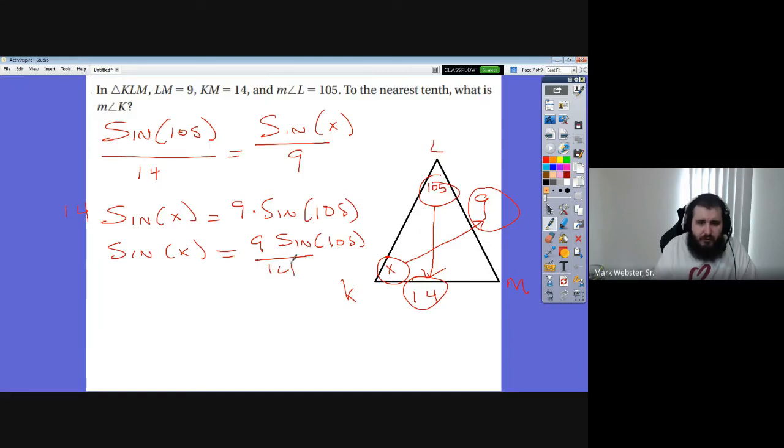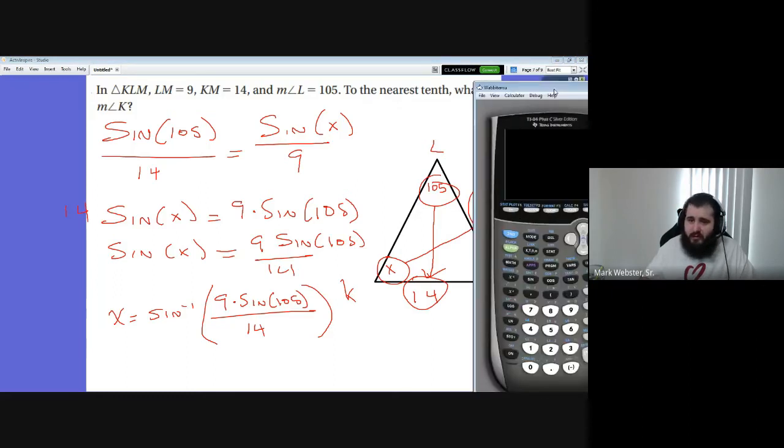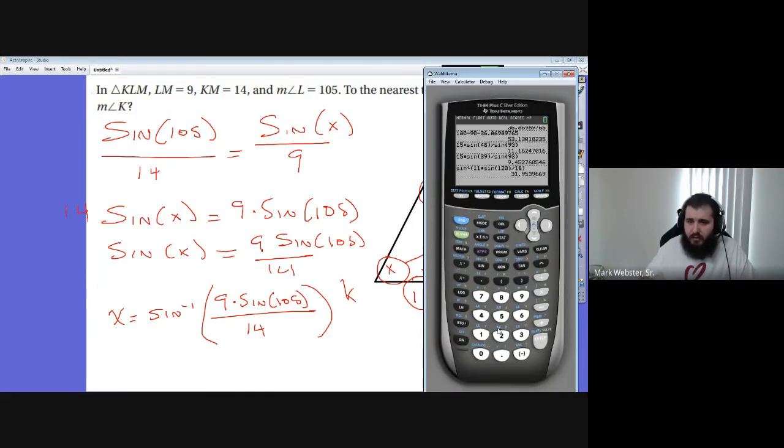And then just like last time, we're going to make sure that we take the inverse sine of both sides. So the sine inverse of this whole thing, 9 times the sine of 105 over 14. And make sure you have all your parentheses. I'm telling you now, if you don't close your parentheses in your window, it's going to cause a big problem.